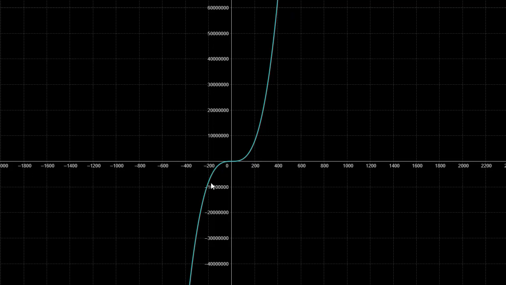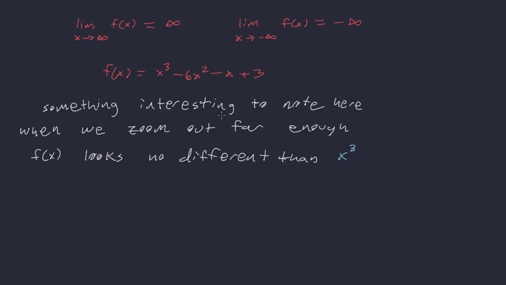When we zoom far enough out, we can't actually see a difference between f of x and x cubed. So this is just something interesting to note: when we zoom out far enough, f of x looks no different than just x cubed. And x cubed is just the leading term of f.